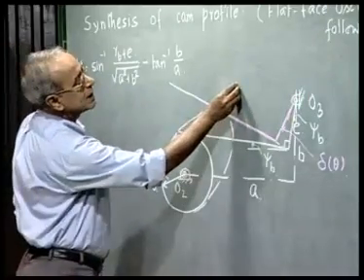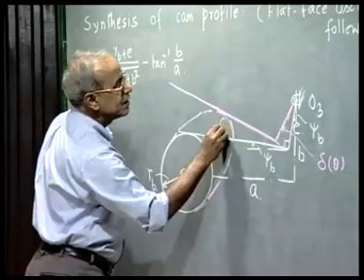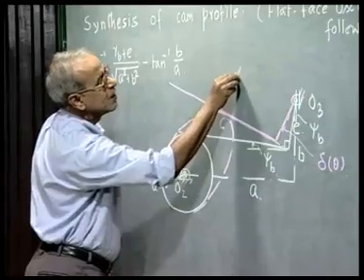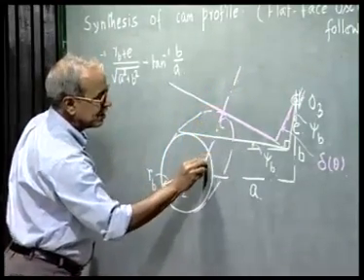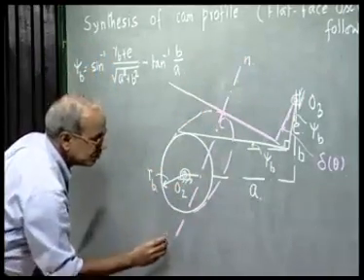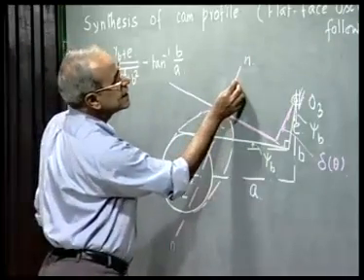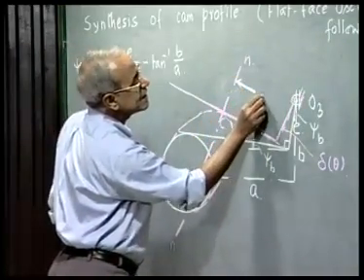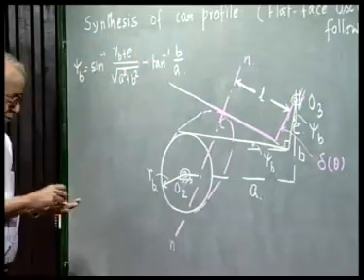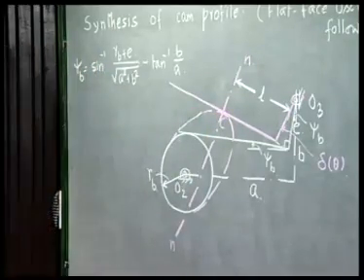We denote this contact point on the cam as C. This is the common normal between the cam profile and the follower surface, and let's say this distance is L, which keeps on changing as the cam rotates because the contact point shifts on this cam surface.